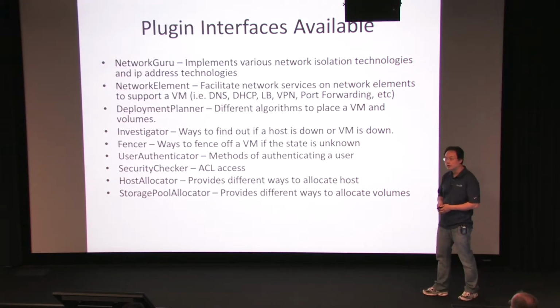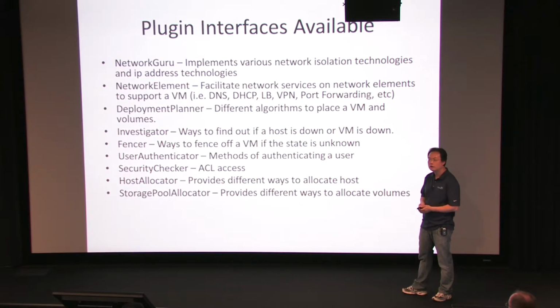Dave? It appears that host allocator and deployment planner are very closely related. Can you tell us, first of all, which gets processed first and what the dividing line between the two is? Right. So deployment planner gets called first.